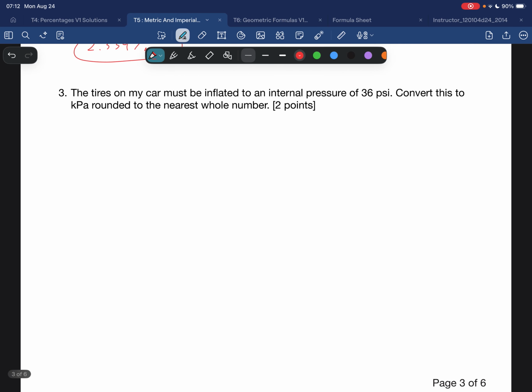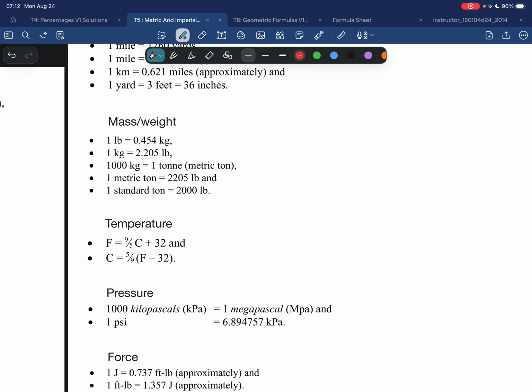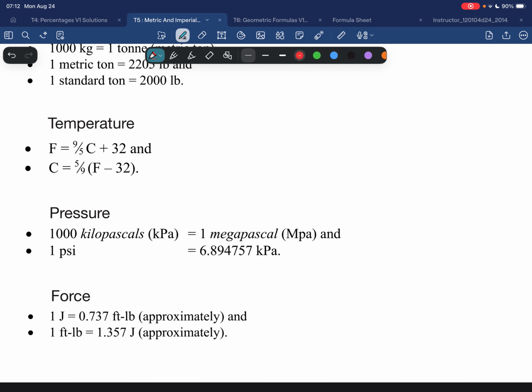Number 3, the tires on my car must be inflated to an internal pressure of 36 psi. Convert this to kilopascals, rounded to the nearest whole number. Okay. Let's see what that conversion is. Pressure. 1 psi equals that long decimal of kilopascals.